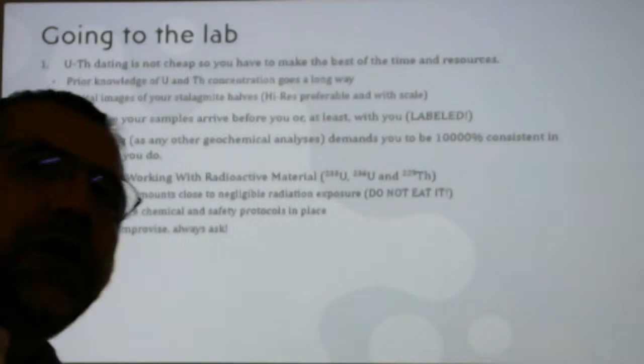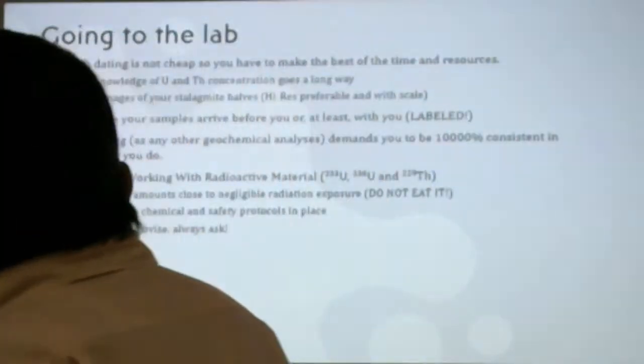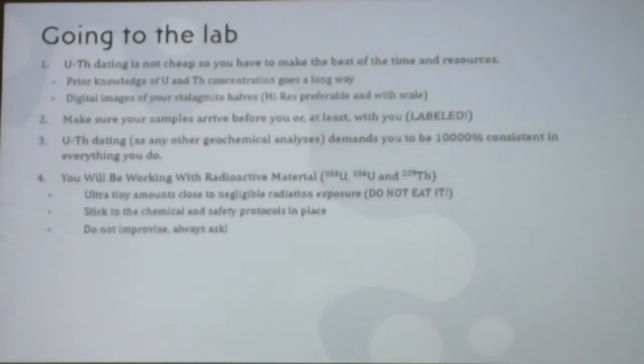Yes, you will be working with radioactive material, and that basically means you'll be exposed to radiation, but it's extremely tiny. You'll get more radiation by eating a banana, and I'm serious, than by working in a uranium series lab. Unless, of course, you decide to eat your samples.